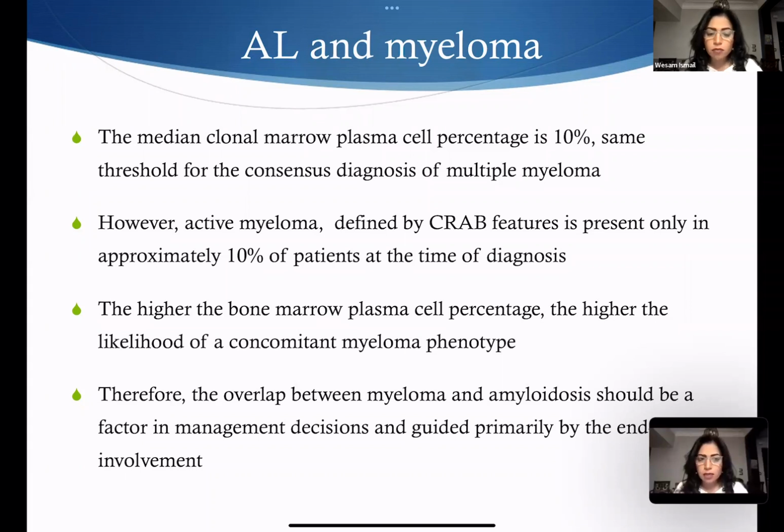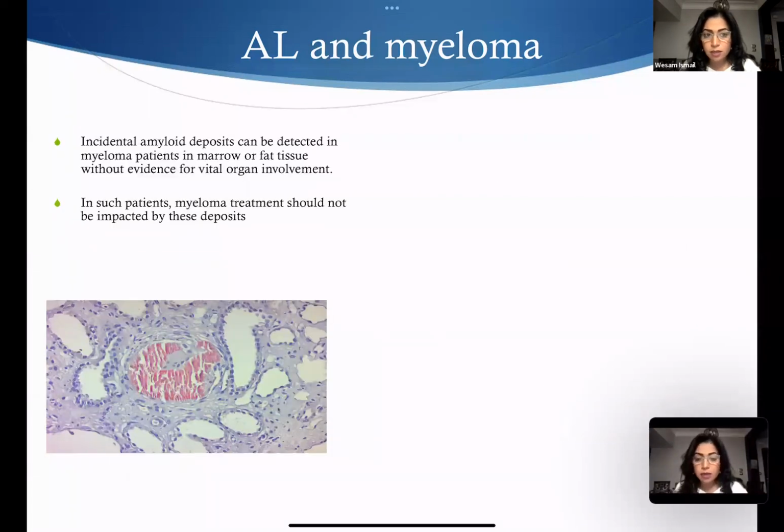So you will need to follow them up and see whether you can categorize them as overt multiple myeloma or just as an MGRS in AL amyloid. This overlap is important because it can be a factor in the management decisions.